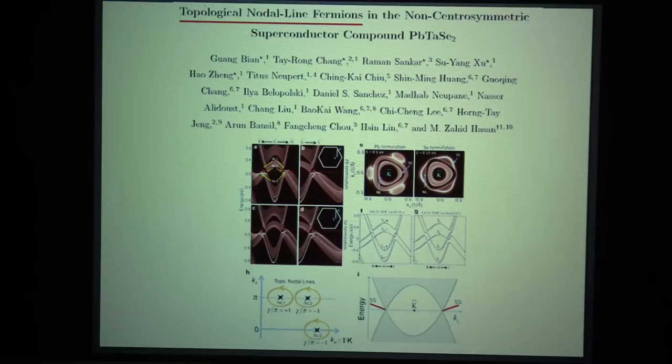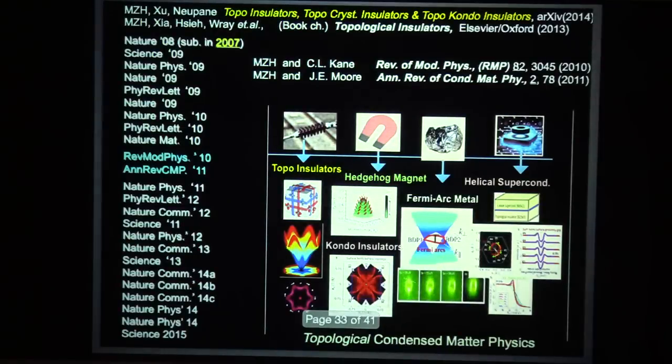Before our theoretical identification of this compound, there were a number of other proposals, including a proposal from Charlie Kane, but in those cases, they had to turn off the spin-orbit interaction. But if you turn off spin-orbit interaction, the Weyl semimetals I showed are also showing Dirac nodal rings, right? What is special about our proposal and our experiment is that in the presence of real spin-orbit coupling, these states are stable. So this is very, very interesting.